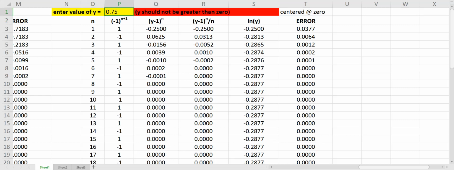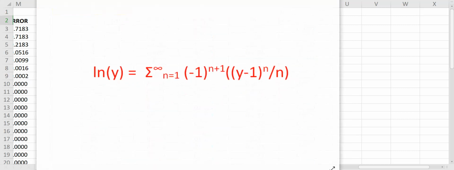The Taylor series of the function y equal to ln of y is this: the summation of negative 1 raised to n plus 1 times the quantity y minus 1 raised to n, all over n, from n equals 1 to n equals positive infinity.